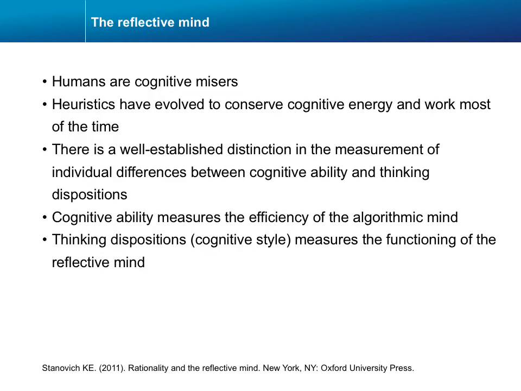You see, humans are cognitive misers, and shortcuts have evolved to conserve cognitive energy, and they do work most of the time. But there is this very well-established distinction between our cognitive ability and our cognitive style.